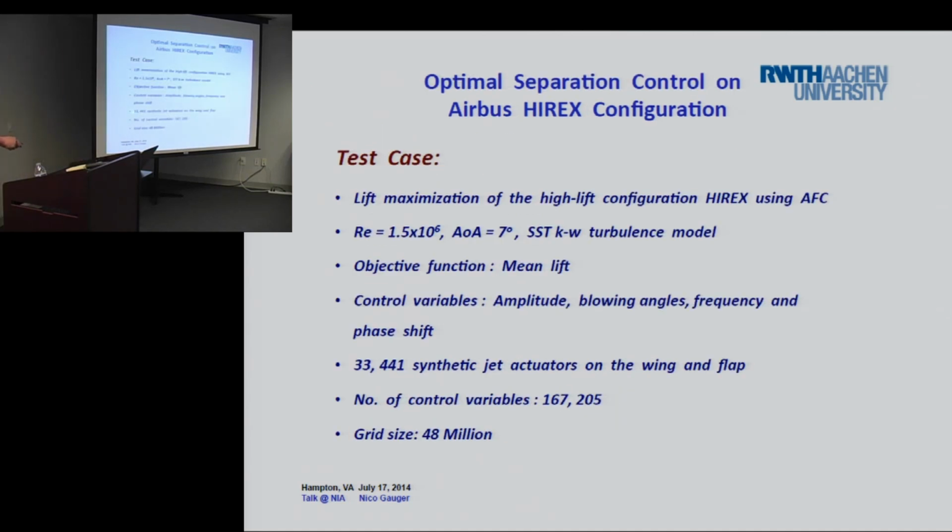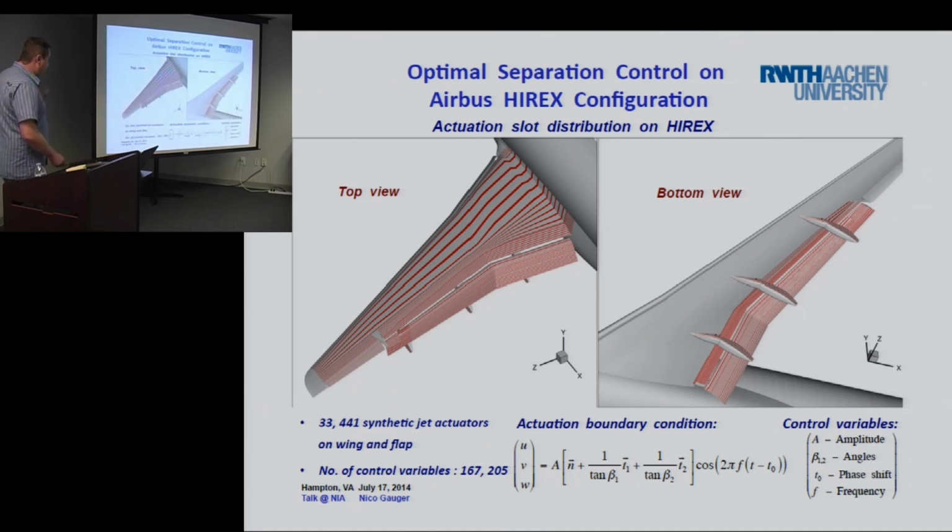We have 33,000 cell faces alongside these slits, as I have shown you, and we have 5 variables in each face. So in total it's 167,000. And now I come to your question, Eric. So this is how it is modeled. We have a velocity vector modeled here, periodic, so it's pulsed.